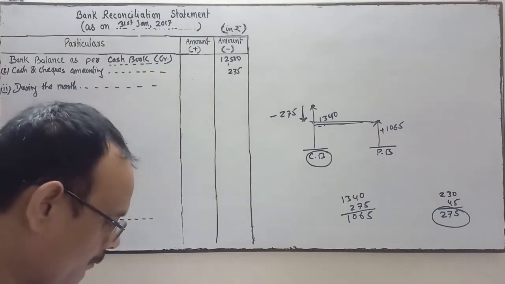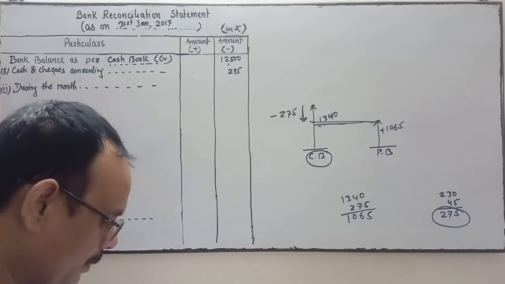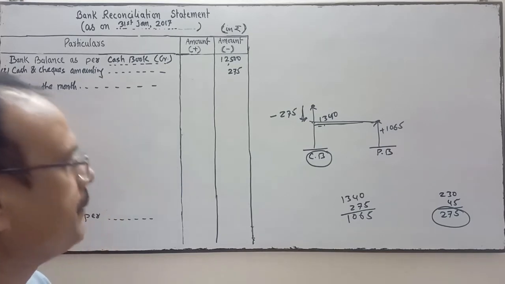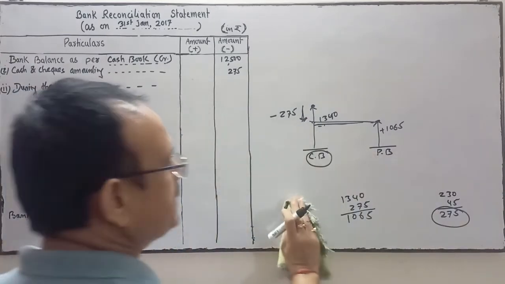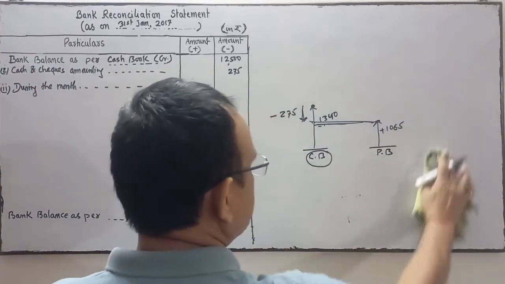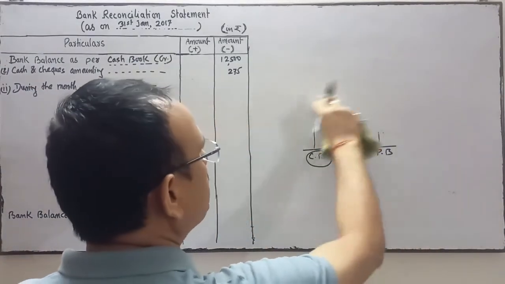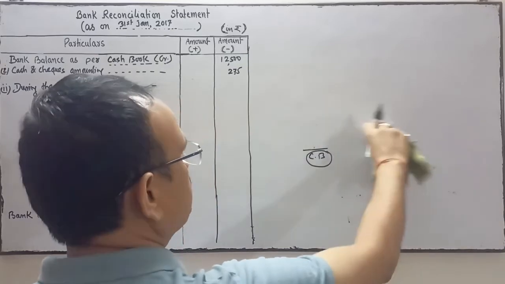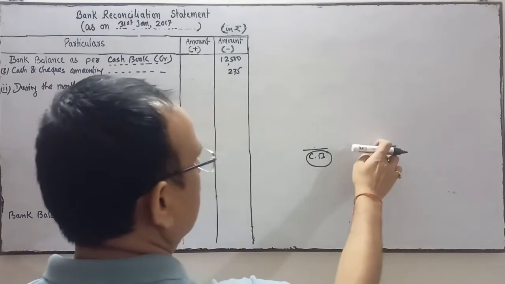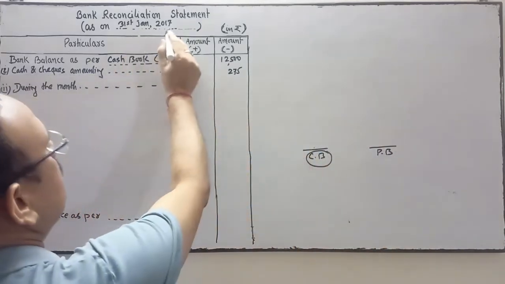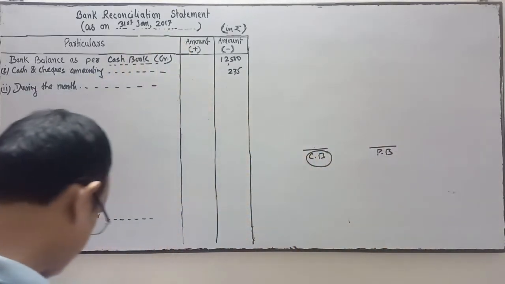So the cash book balance is decreased by 1,670. Out of this, checks of 1,370 were presented for payment on 5th February, meaning after the date of reconciliation. The reconciliation date is 31st January 2017.